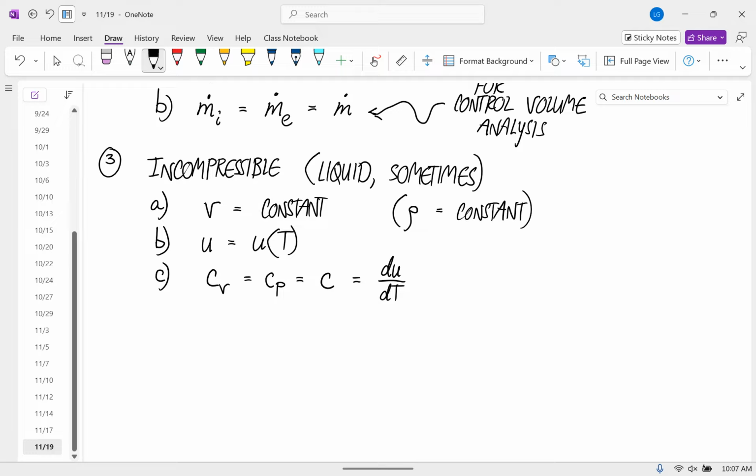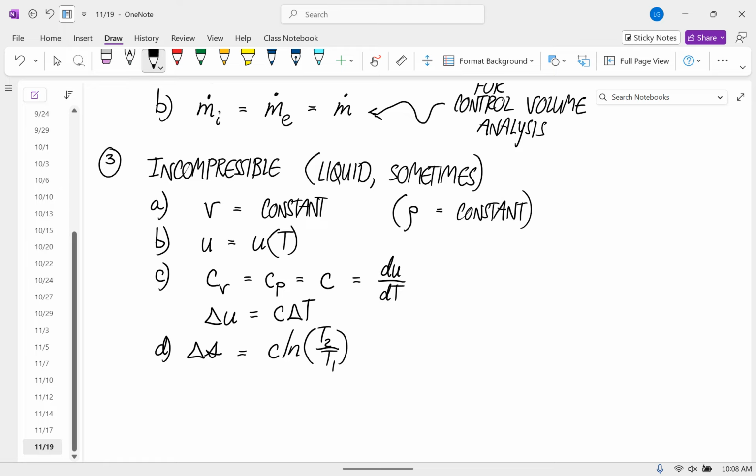For the most part, the way we're going to use this, the way we have used it and will continue to, is that the change in specific internal energy is equal to C times the change in temperature. And the last one is that the change in specific entropy is equal to C times the natural log of the later temperature over the earlier temperature.